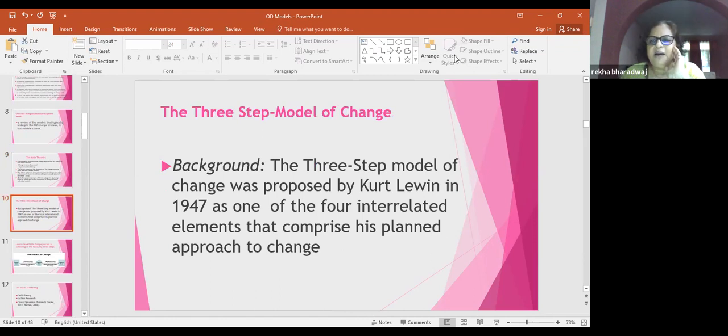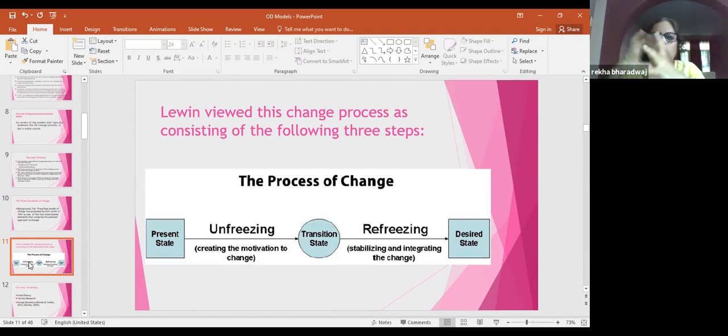And we are looking at Kurt Lewin's model. It's a three-step model which was proposed by Kurt Lewin in 1947 as one of the four interrelated elements that comprise his planned approach to change. So, what Kurt Lewin spoke of was that we look at the present state, we unfreeze people from the present state, and we create the motivation to change.